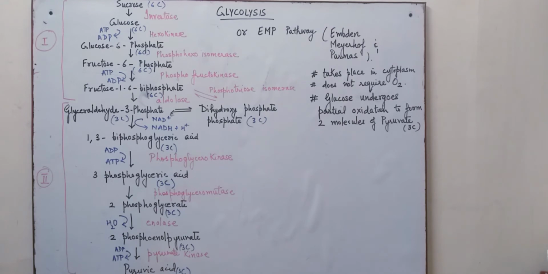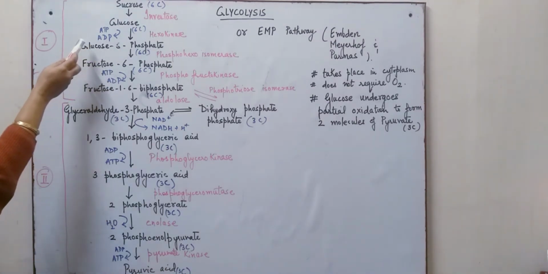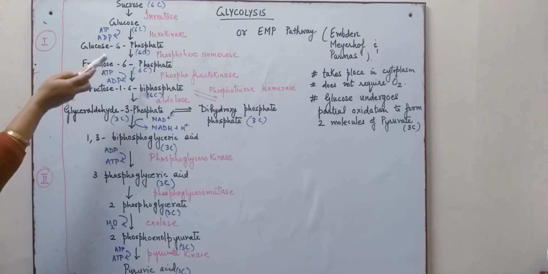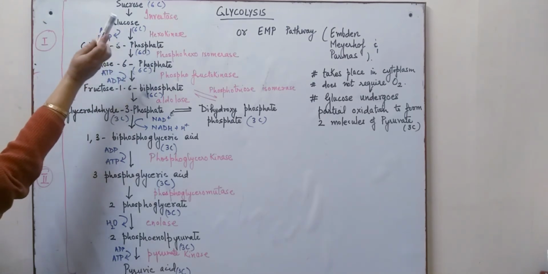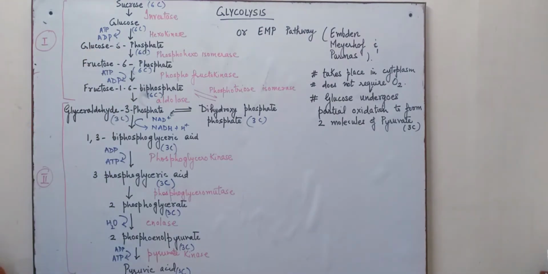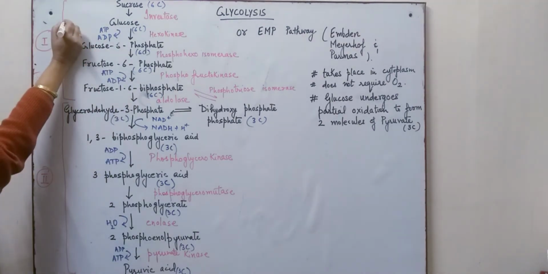The next step is the phosphorylation. Here, glucose is phosphorylated in the presence of ATP and the enzyme hexokinase. The phosphorylation of glucose takes place over here. So let us write phosphorylation over here.